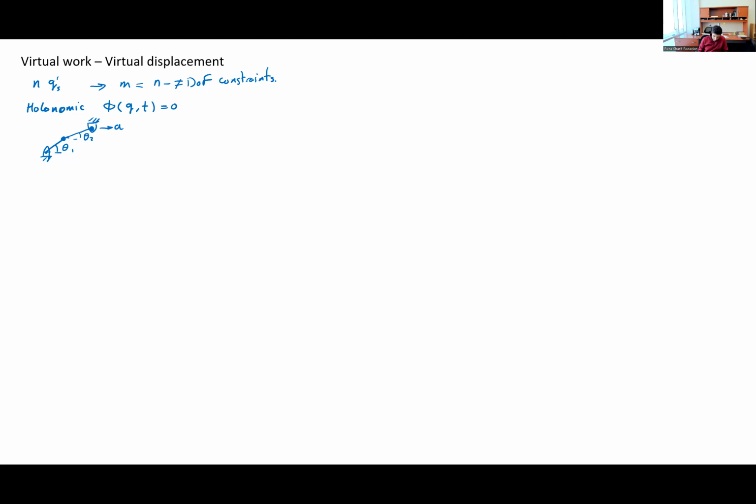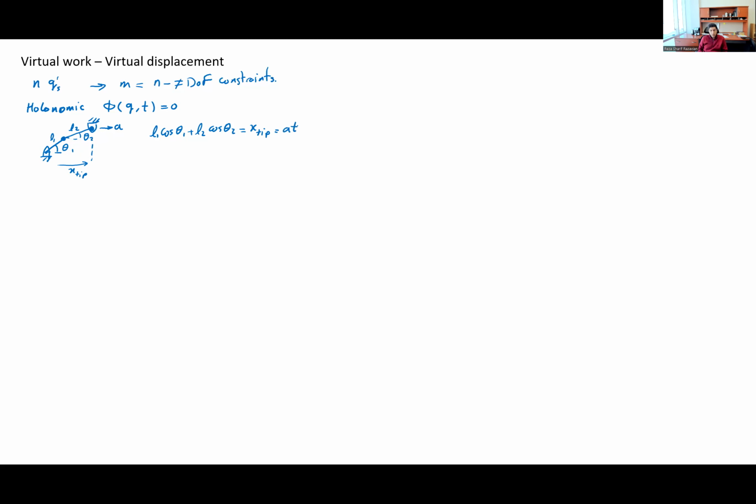In this example, I have lengths L1 and L2. So constraint number 1: L1 cosine of theta 1 plus L2 cosine of theta 2 is the x position of this tip, which in our case is constrained to move horizontally with constant velocity a, so x equals at.